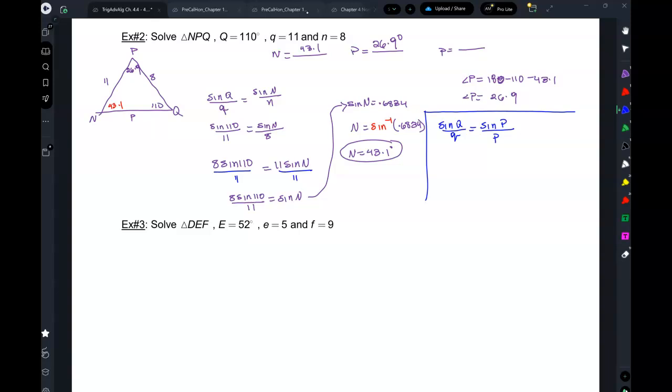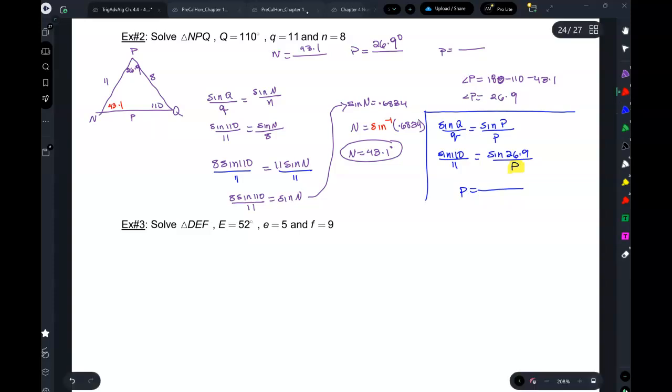So it's going to be sine of 110 over 11 is equal to sine of 26.9 over p. Okay, now look. What's your unknown? P. Write P here. And put a fraction bar. This saves you a step.